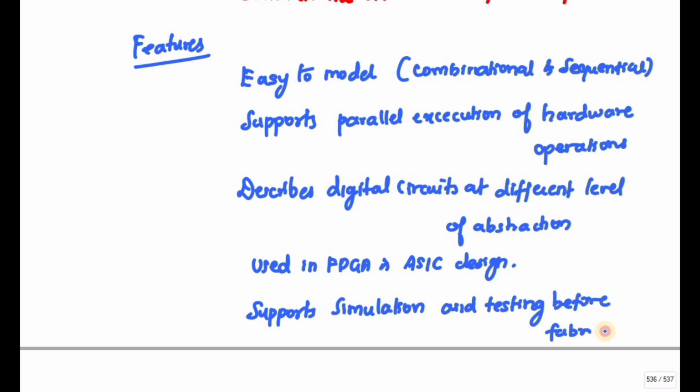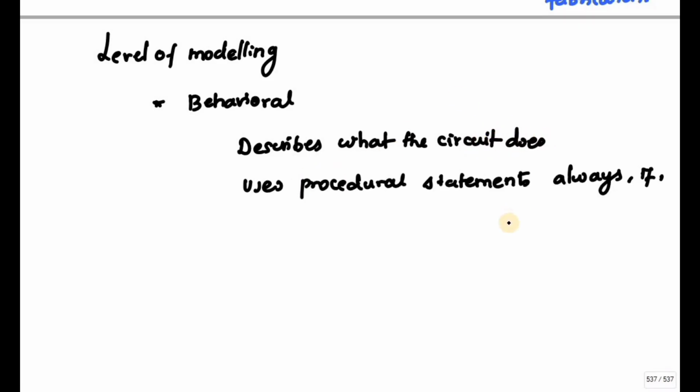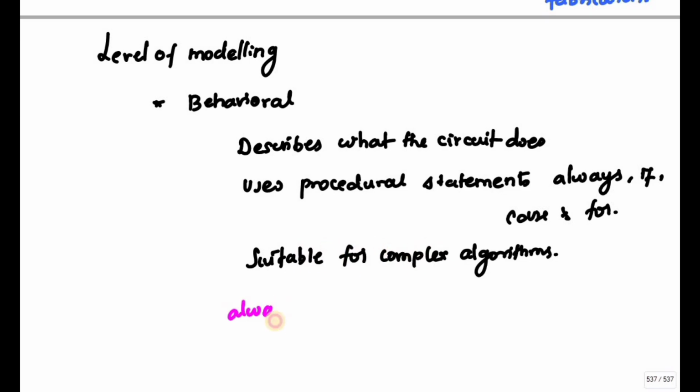Now let us discuss the levels of modeling. There are 4 levels. First, we'll discuss the behavioral model. It describes what the circuit does, and it uses procedural statements: always, if, case, and for.